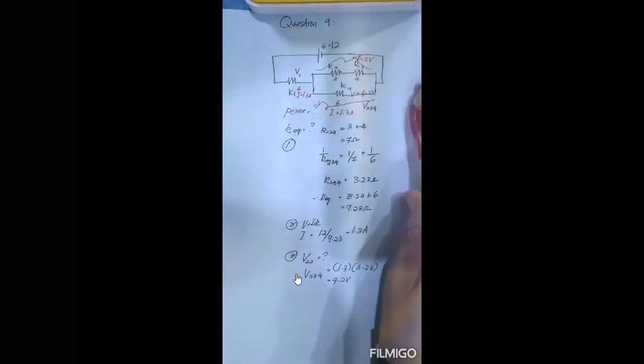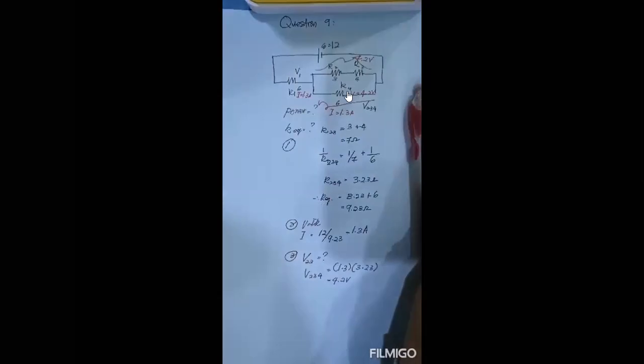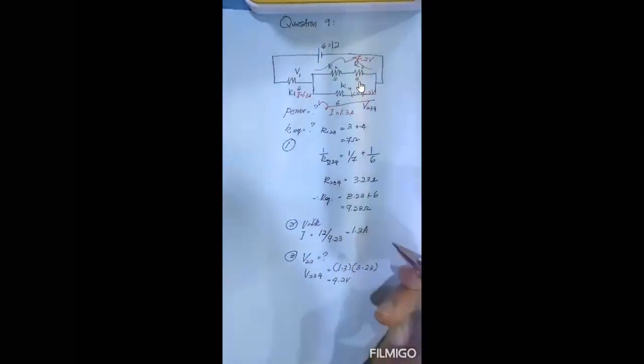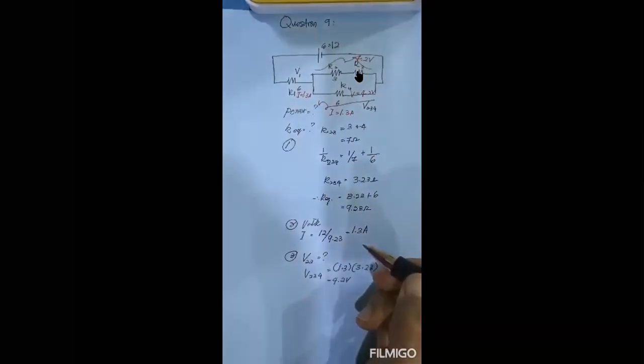Then you get the voltage value 4.2. Remember, R2 and R3 connected with R4 is parallel, so you have the same voltage across this line and across R4: 4.2 and 4.2 here.